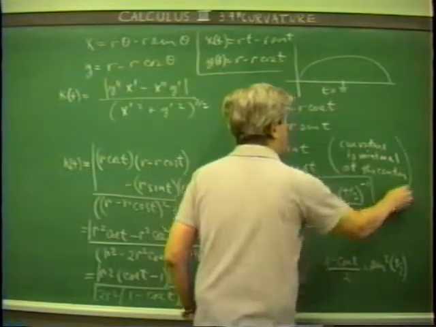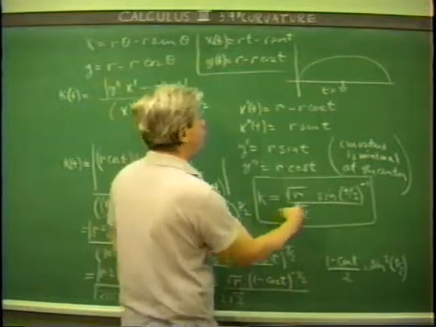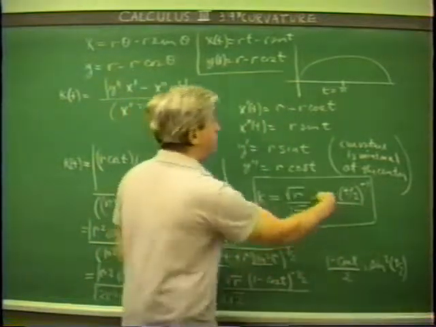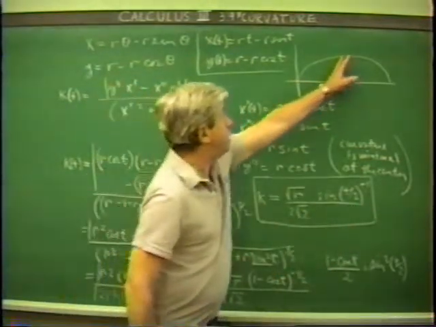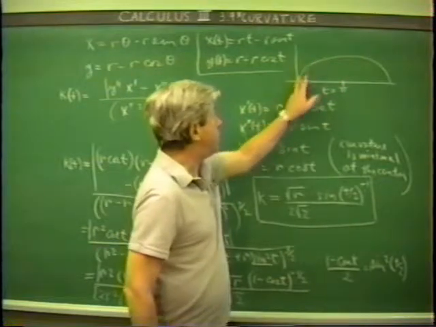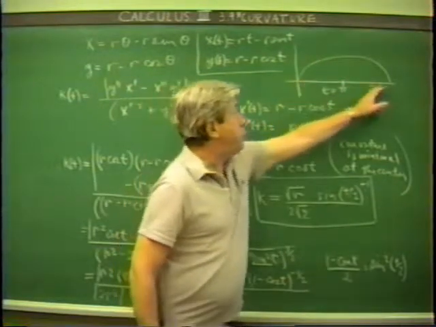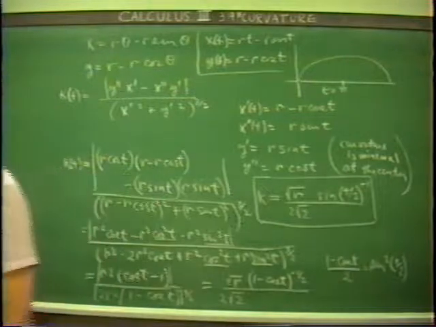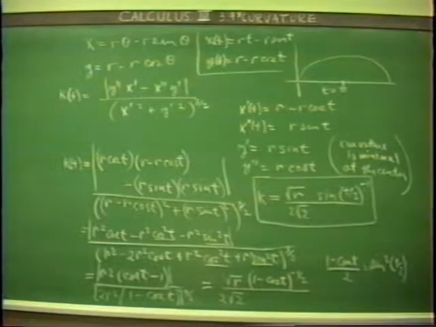The curvature is minimal at the center. And here's a formula for the curvature. It's been simplified considerably so that it can be computed real easily. The curvature is minimal at the center here, and the curvature is maximal at the two ends.